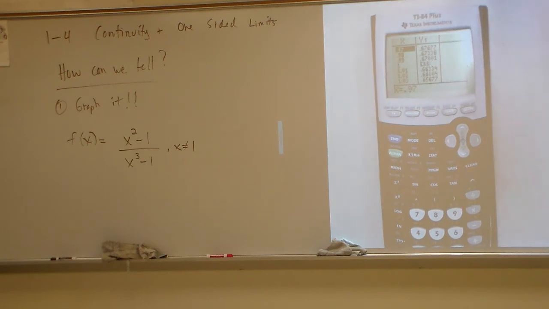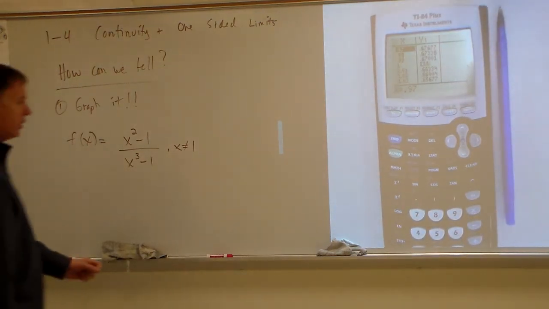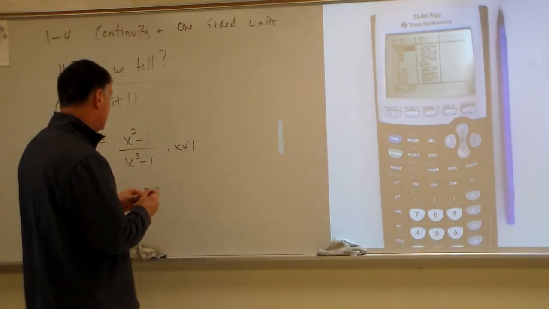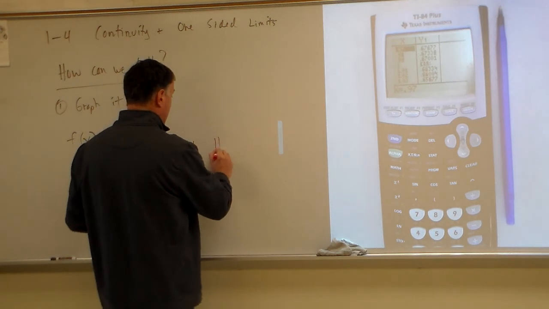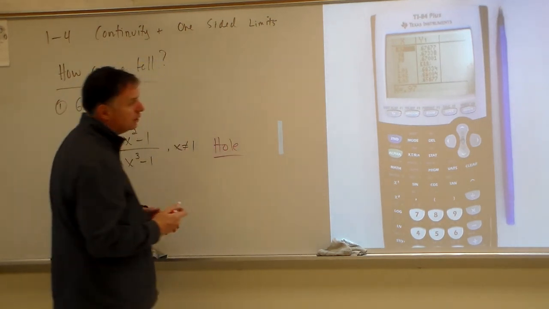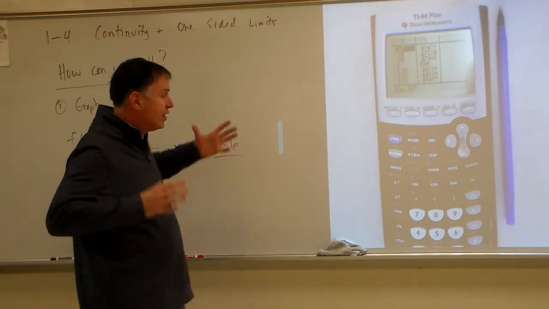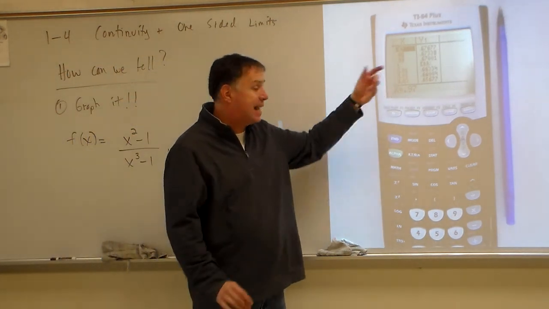Well, this looks like it's going to be a hole. They're converging on the same y value. It looks like the limit here would be something like 0.67. So I would say that this one is a hole. We tested it numerically by looking at a table.